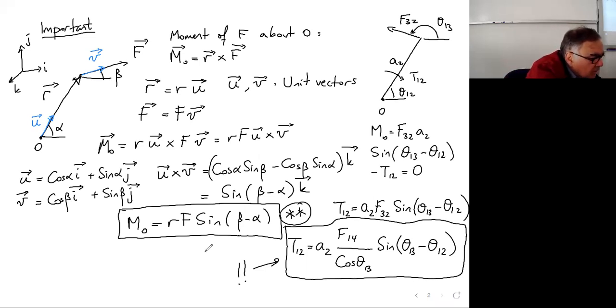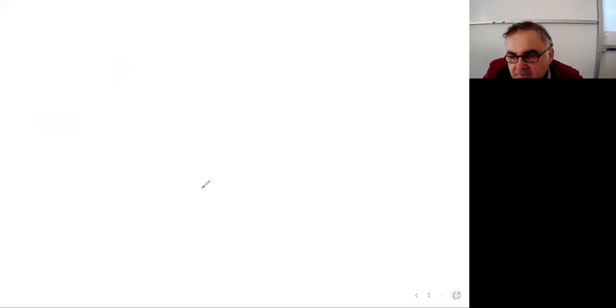So this is how we usually solve our problems. We solve our problems using the fact that some members are two-force members, some members are three-force members, some are two-force and a moment member, so that the equations become much simpler. As a matter of fact, I can say the following.